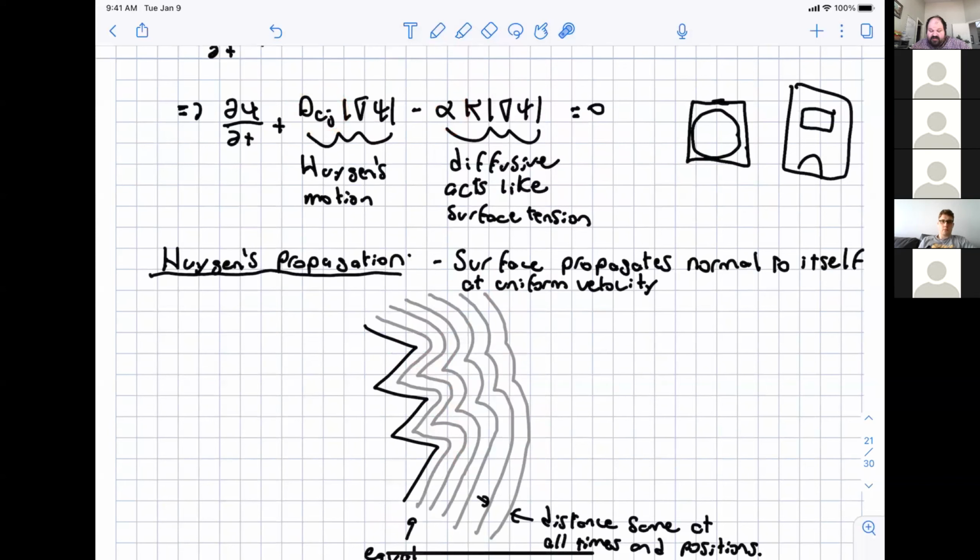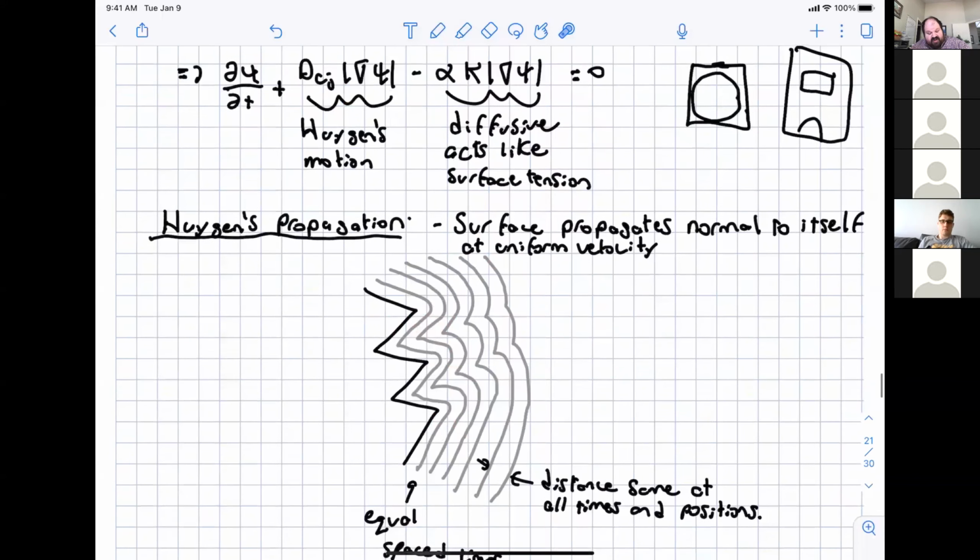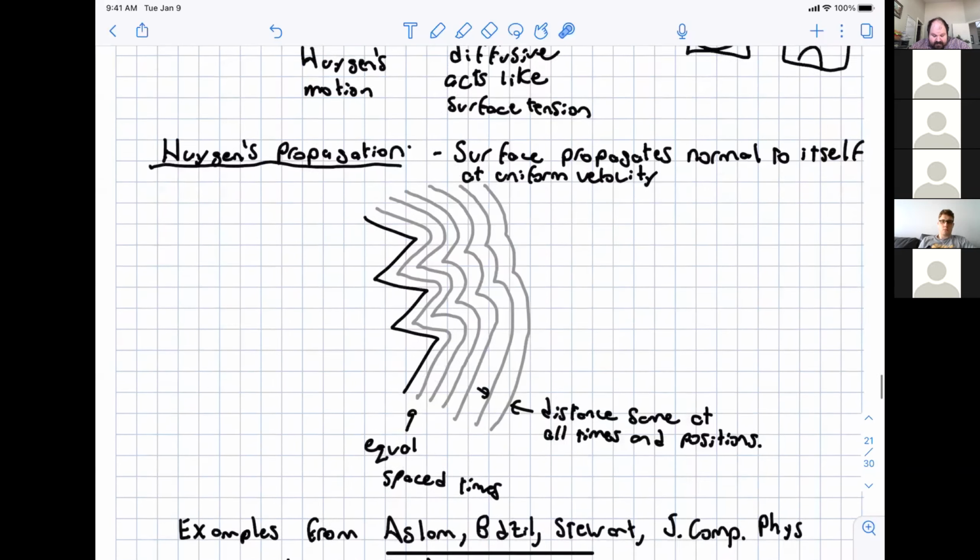So sometimes folks just forget about using Dsd theory, and they just use Huygens propagation of the detonation surface. Part of your project will be to compare Huygens propagation to the result using Dsd theory, and you can do that in the code by just setting alpha equal to 0. You'll also see Huygens propagation being used when we discuss burning propellants, because those also propagate normal to themselves.